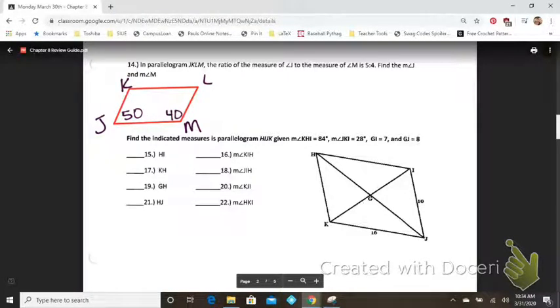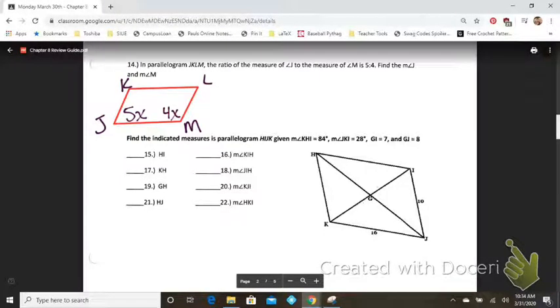Remember that consecutive angles inside of a parallelogram have to be supplementary. So since we don't know exactly what we're multiplying 5 and 4 by yet, we use an x. So we can label 5x and 4x. This still allows us to divide them and get 5 to 4 as our ratio.